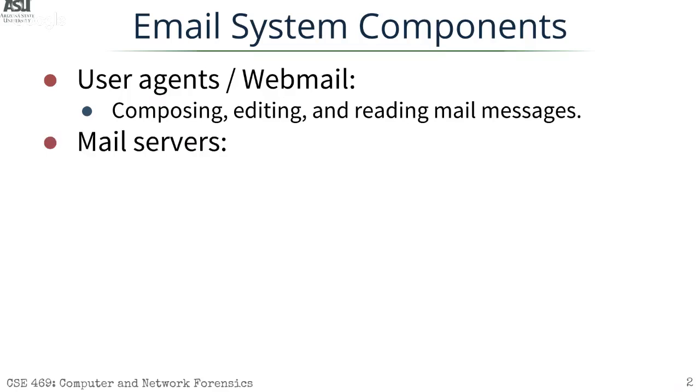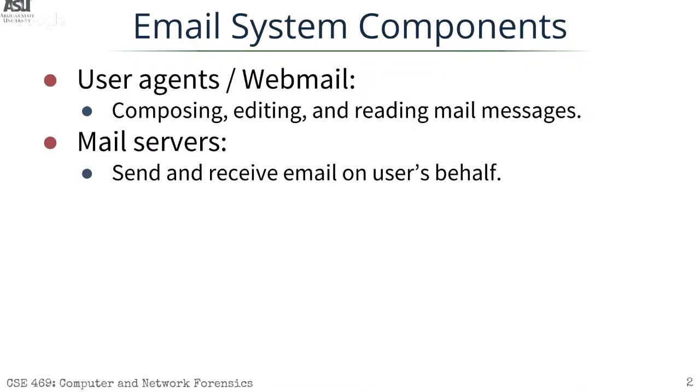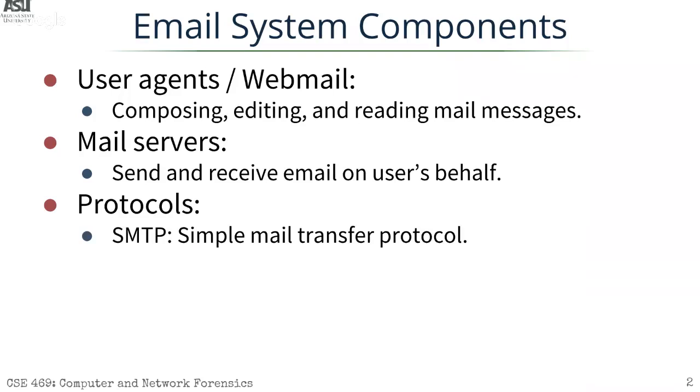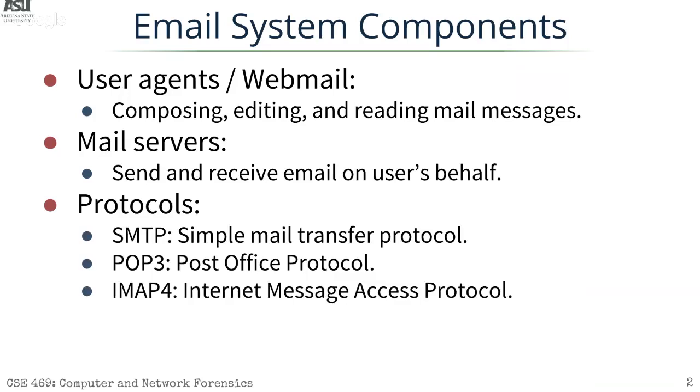Then mail servers send and receive the email on the user's behalf, and then the protocols such as SMTP, POP3, and IMAP4. These are the different on-the-wire protocols that the mail servers use to talk to each other and exchange the actual message that you wanted to send and get it to the recipient.